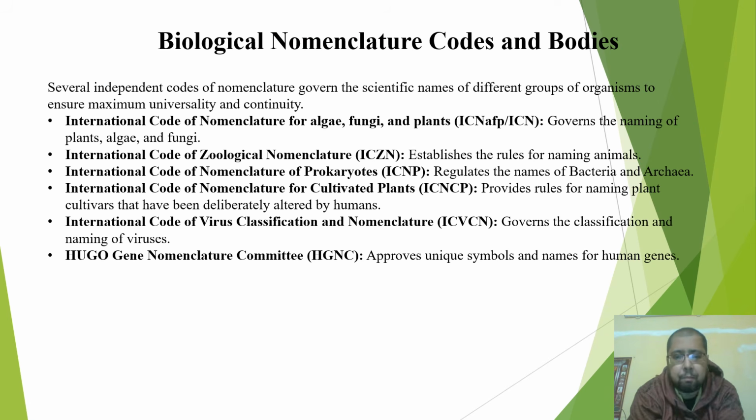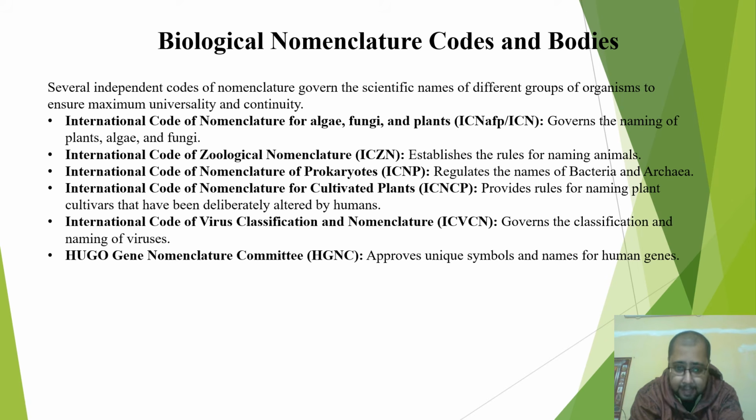Now, there are several bodies that govern the scientific names of different groups of organisms to ensure maximum universality and continuity. For example, there is the International Code of Nomenclature for Algae, Fungi and Plants, ICN-AFP, or commonly called ICN, previously known as ICBN, International Code of Botanical Nomenclature, because all these groups were previously placed under plants. Now this body governs the naming of plants, fungi and algae.